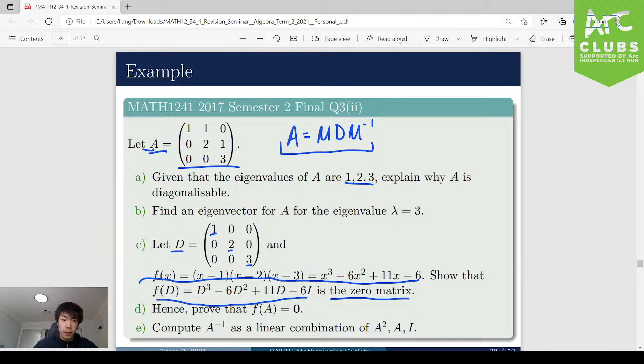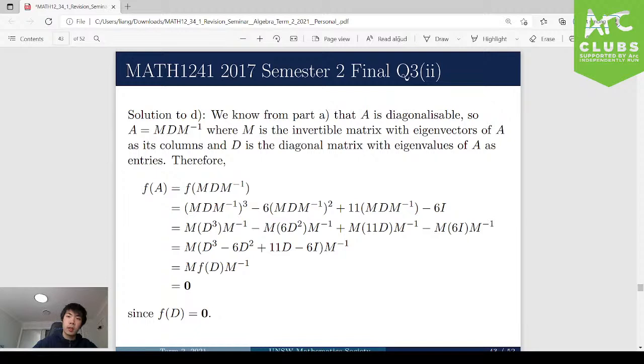Okay, so for part D here, we substitute A with M D M inverse instead. We don't go ahead and evaluate A cubed, A squared tediously. We instead just substitute M D M inverse. By the powers of A, we would get this and this for your cubed and squared example.